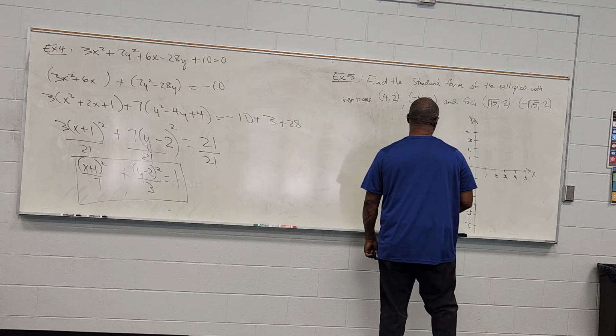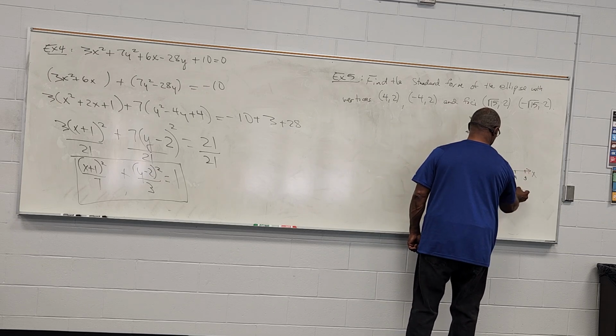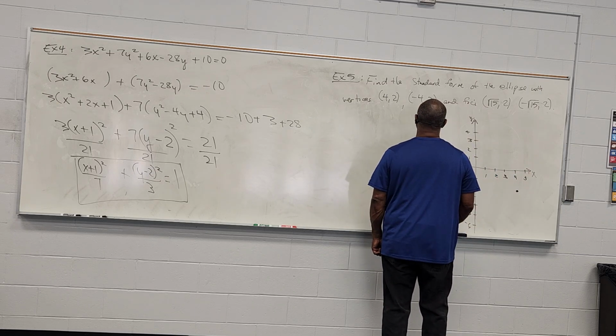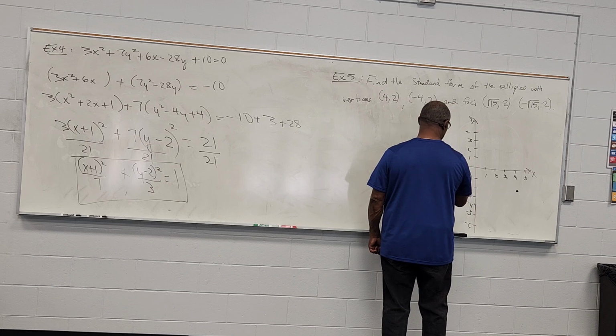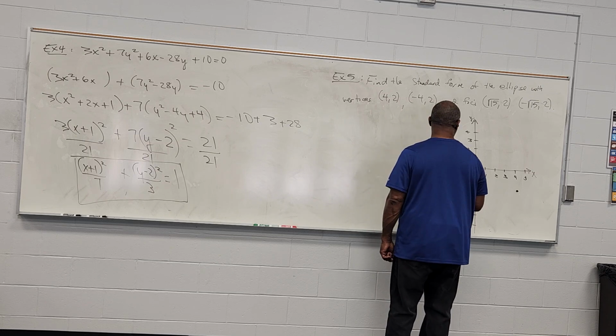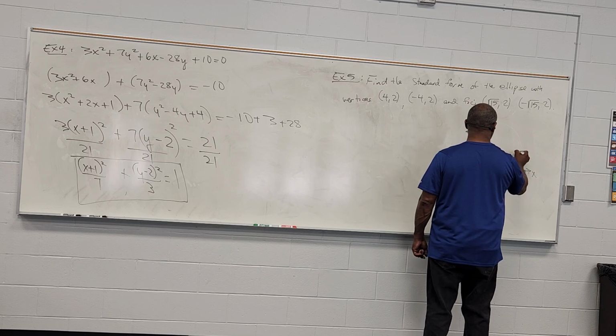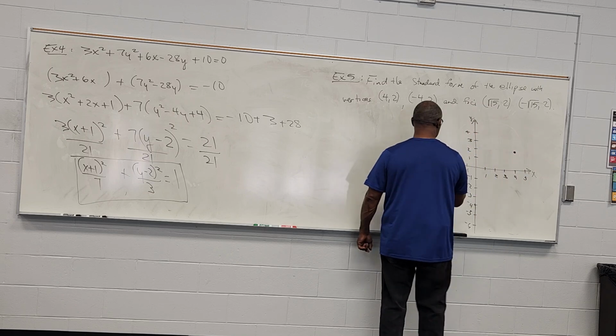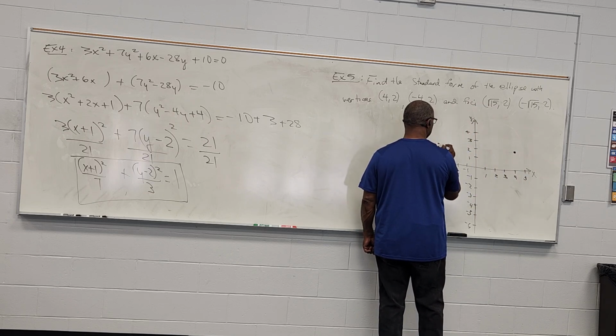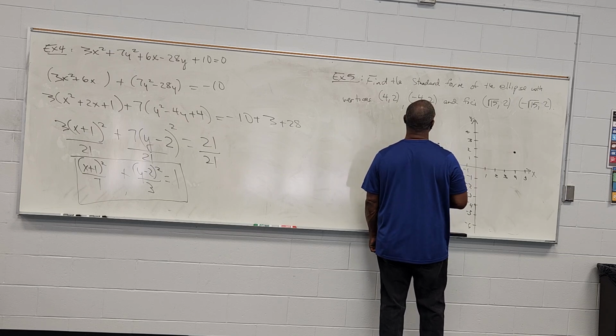Okay. 4, 2, right here. Negative 4, 2, right here. Those are my vertices. So that has to be the major axis, okay?